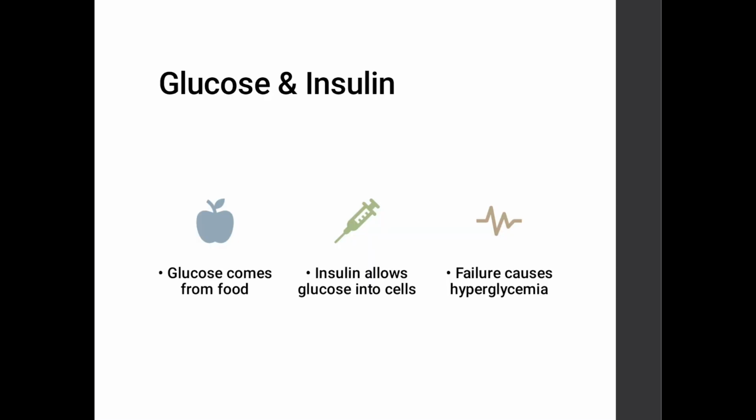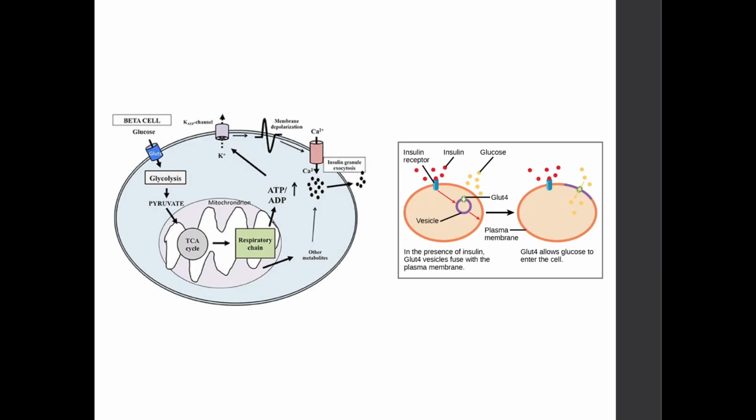A simple slide shows how the general population knows about diabetes. It's because of glucose intake from food, and the insulin is not working, leading to hyperglycemia. Coming to the cellular level, we can see right here specifically the beta cell, which is in the pancreas.